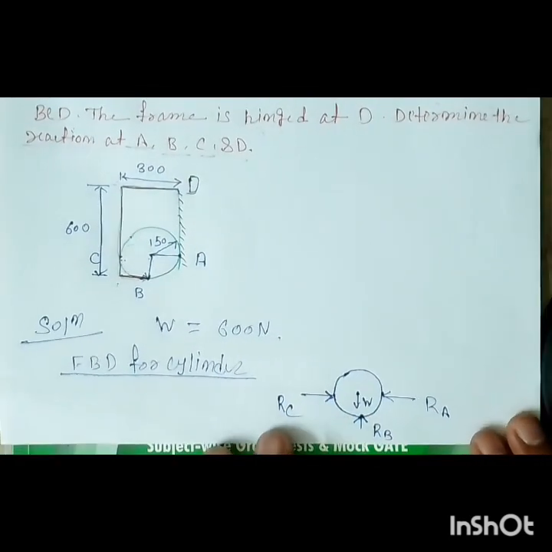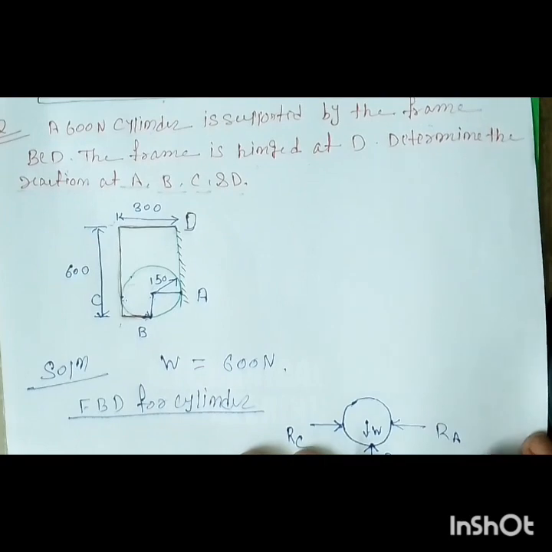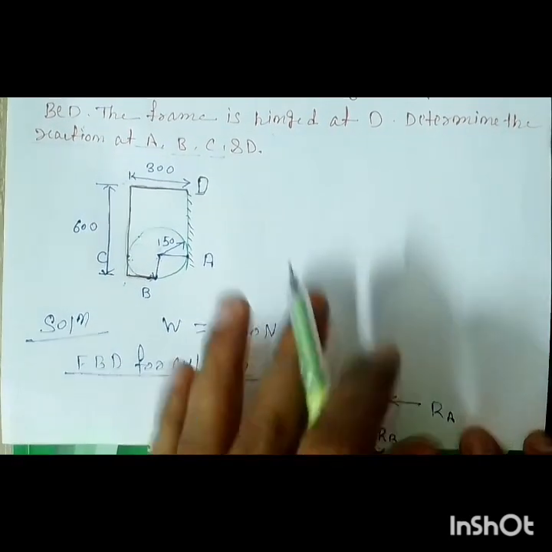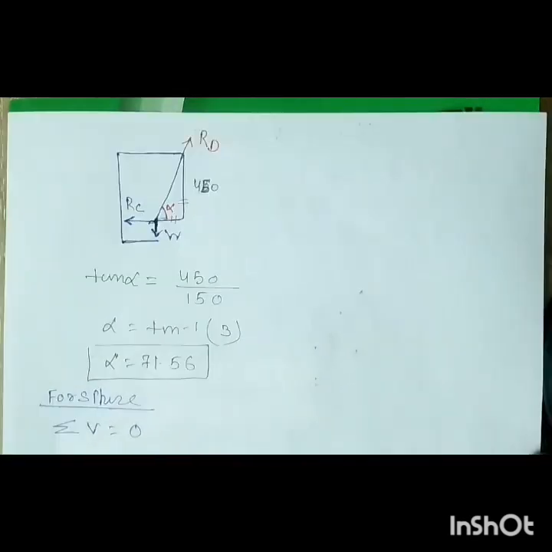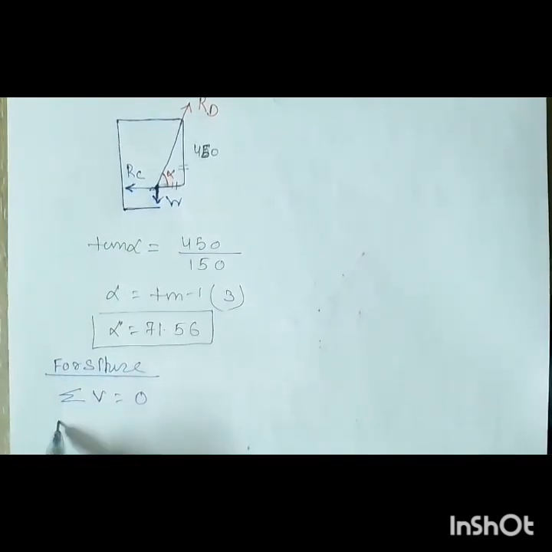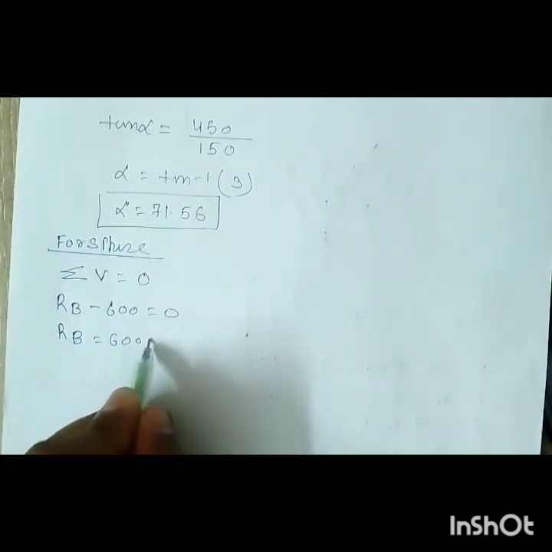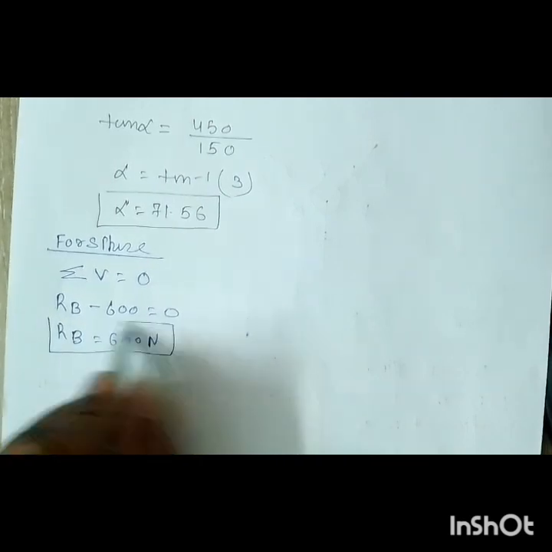The vertical forces for the sphere: RB is acting upward and the weight. So you can say RB acting upward minus 600 is equal to 0. So RB is equal to 600 Newton, right?